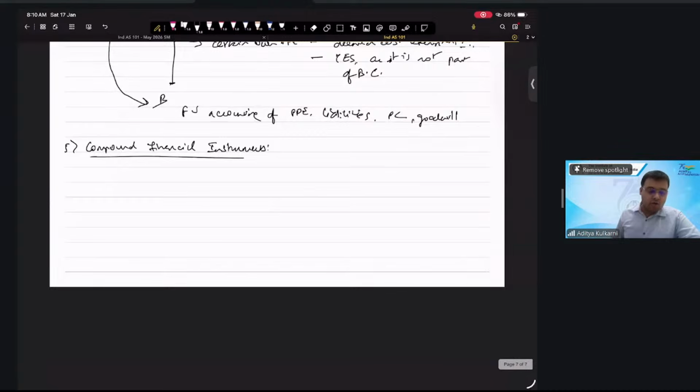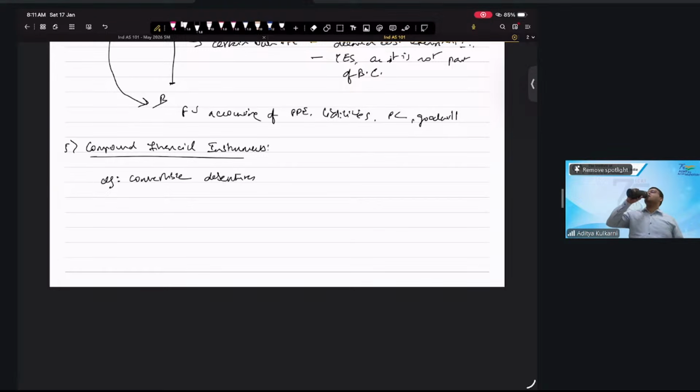Now, for example, convertible debentures. Now, what do you mean by convertible debentures? It will be converted into equity shares.